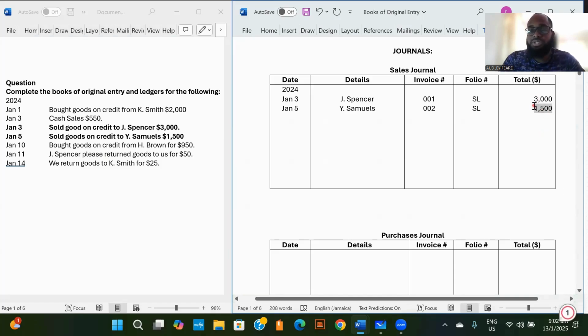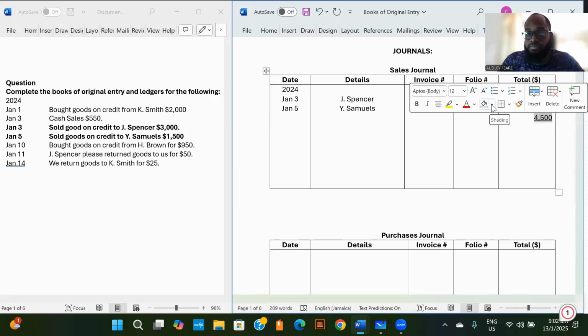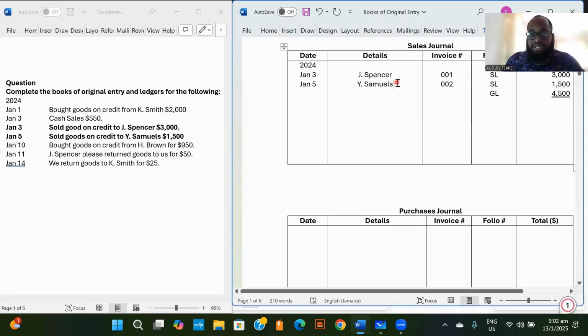And now we get the total. The total would be 4,500, and we're going to double line this. And for the description or the details, we would put transferred to sales account.